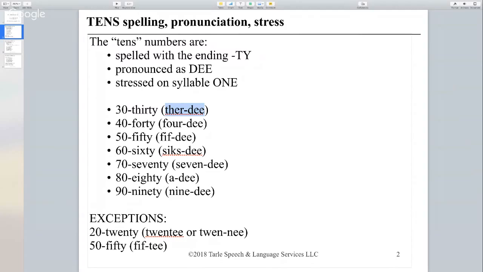I try to write it this way and stay away from IPA because people really rely on that and then they're not paying attention to what I'm saying. So that's my little trick to get you to pay a little bit more attention. So, all right, let's try word number 1. I'm going to say it and then you repeat after me. Remember, stress syllable 1 and then end it with D with a nice long E. Okay.